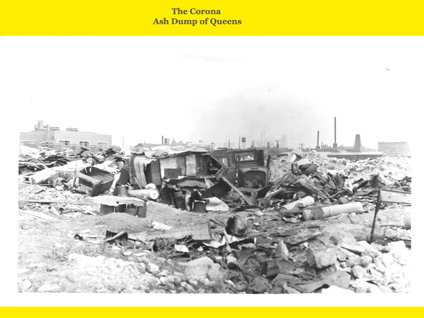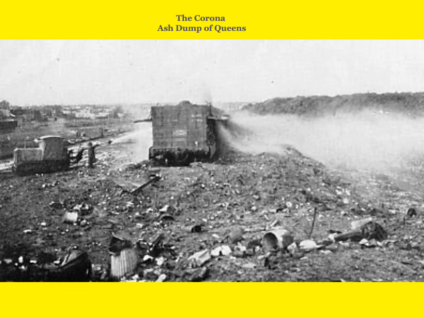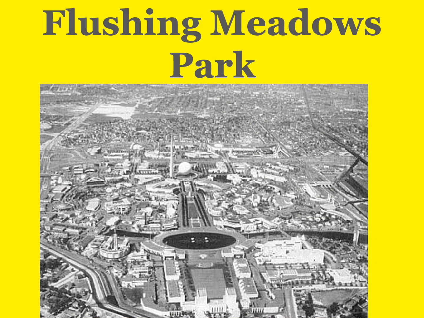Yes, they would find decaying bodies. Here's an example of how if a truck goes by, it just kicks up all the dust and the steam. Flushing Meadows Park is today what used to be the Corona ash dump.